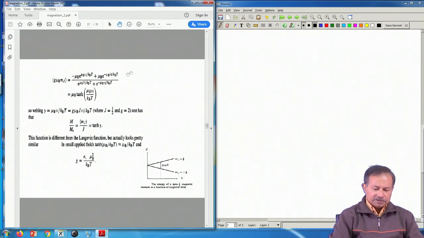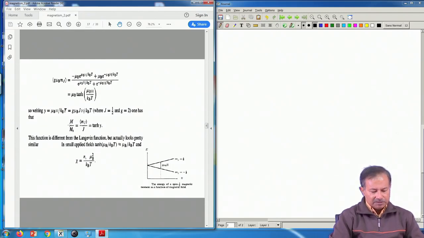So, from the partition function you can do it in many ways. Here for example, you can straight away calculate the expectation value of mj by multiplying the mj's with their corresponding probabilities, and that will give you mu b times tanh of mu b H by k b T. The saturation magnetization is of course where all spins are saturated.